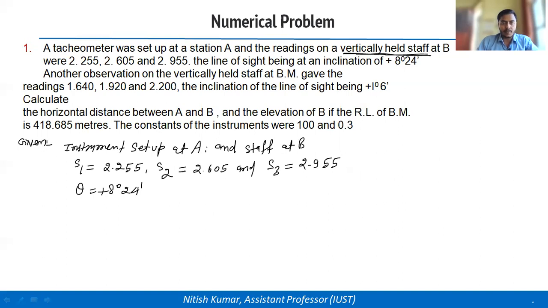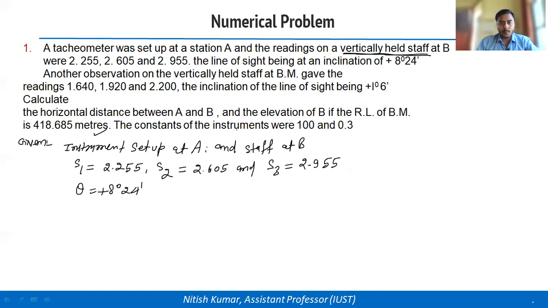Now another observation on the vertically held staff at the benchmark gave the readings 1.640, 1.920, 2.200. The inclination of the line of sight is 1 degree 6 minutes. Then calculate the horizontal distance between A and B, and the elevation of B, if the RL of the benchmark is given as 418.685 meters.